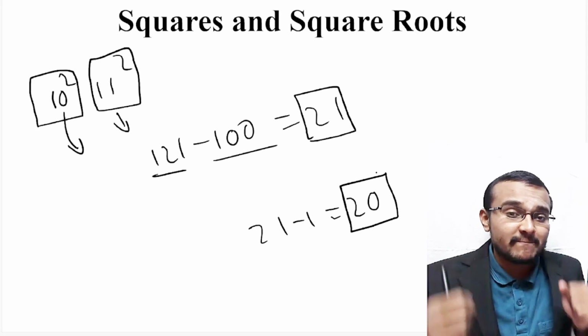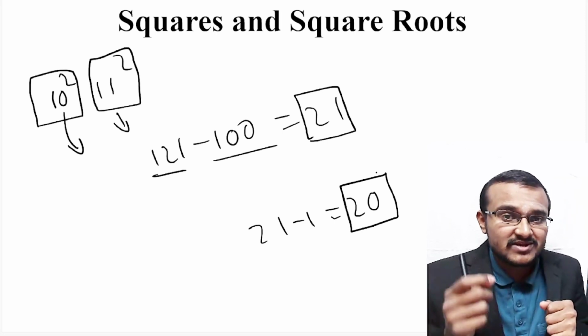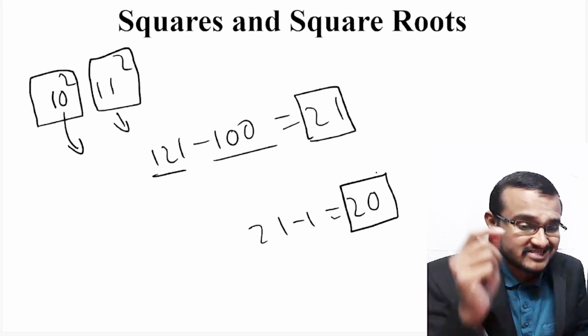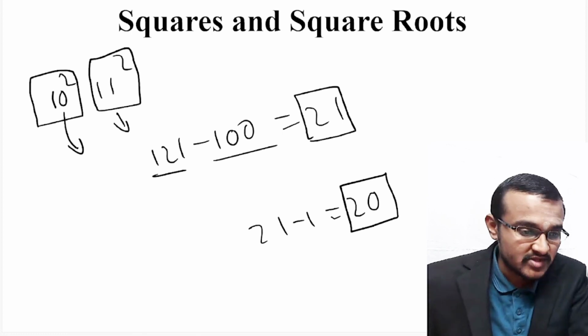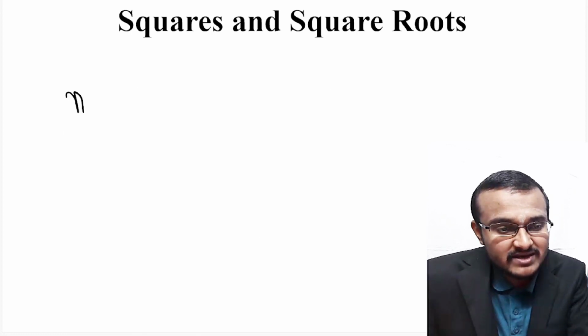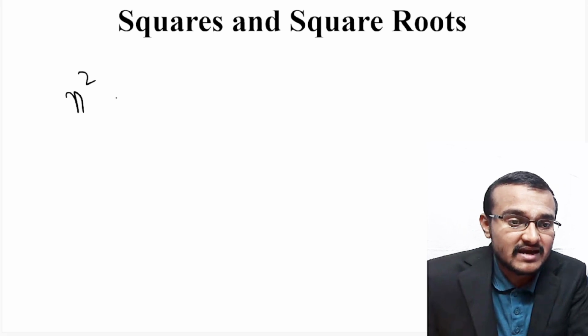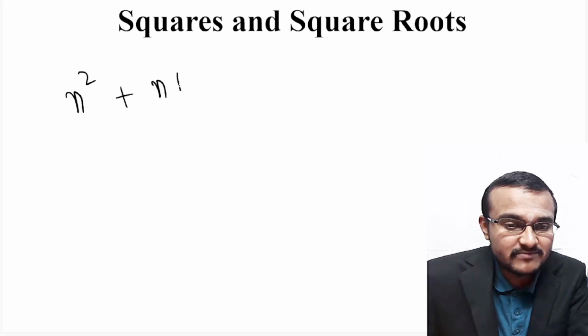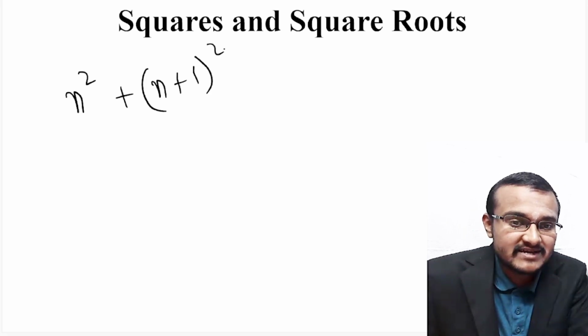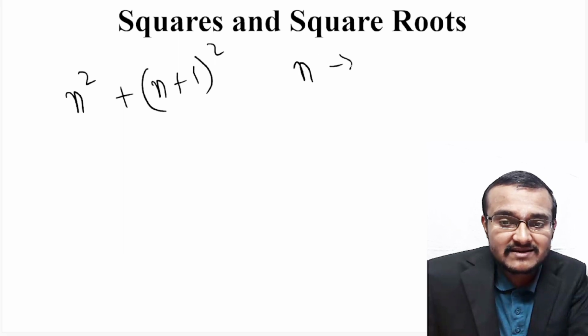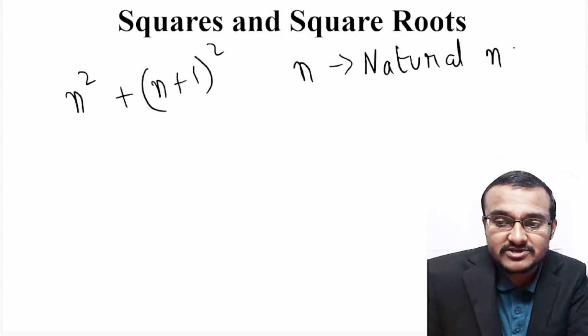Now, based on this, we can write a general formula. Let's say n square is one perfect square and n plus 1 whole square is another perfect square, where n is a natural number. Here you should always remember to take natural numbers only.